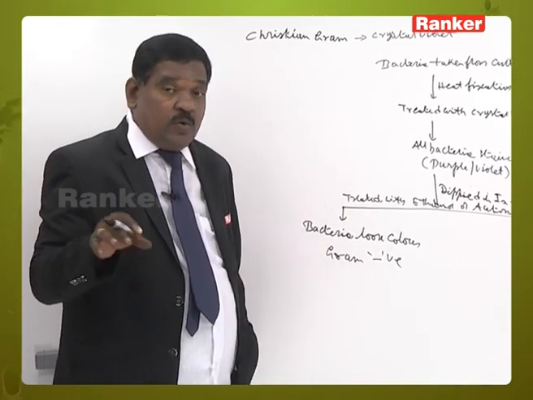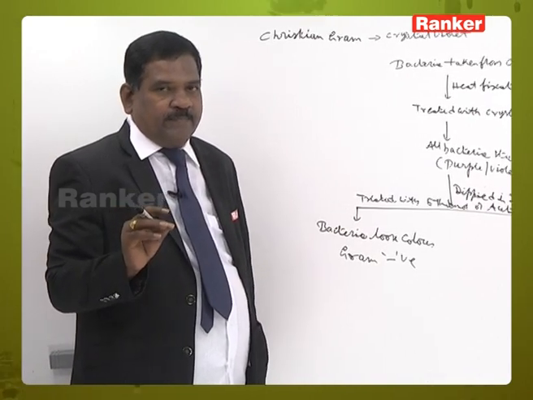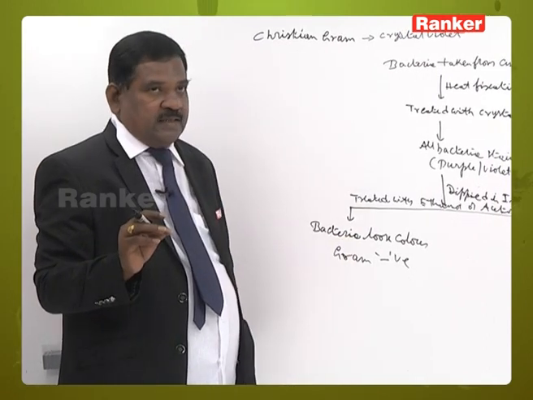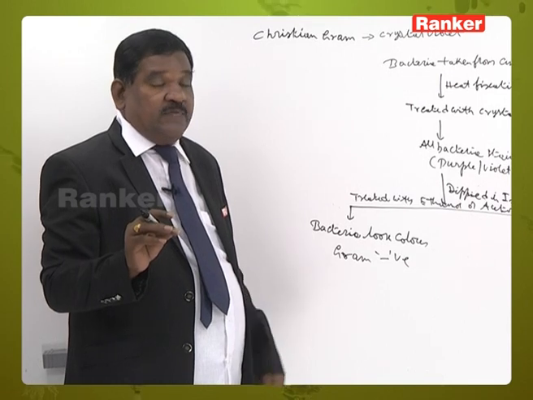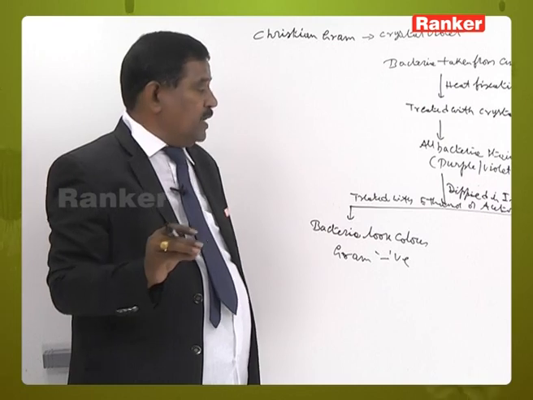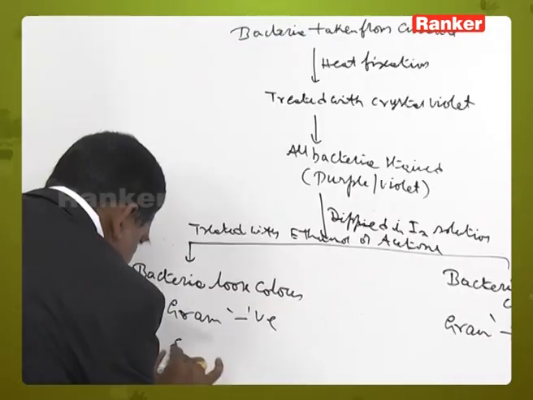When bacteria lose color, they are called gram negative bacteria. Example, Escherichia coli. If they retain color, they are called gram positive bacteria.